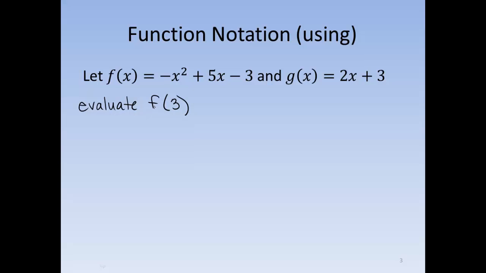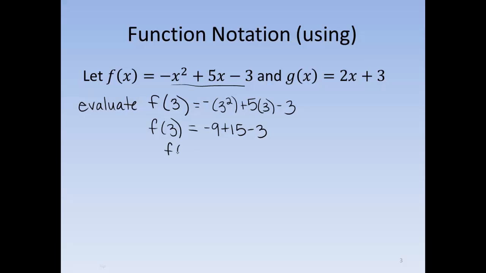This means I go to my function named f and make my independent variable 3. Plug that in and evaluate. I get negative 9 plus 15 minus 3, so f of 3 equals 3.